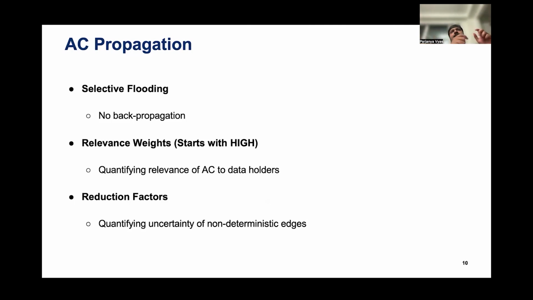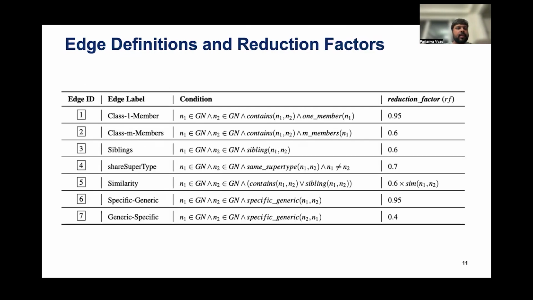This quantifies that the relation itself is uncertain, so that we know that the confidence of the access control annotation that has reached the sink is now less than what it was to begin with.